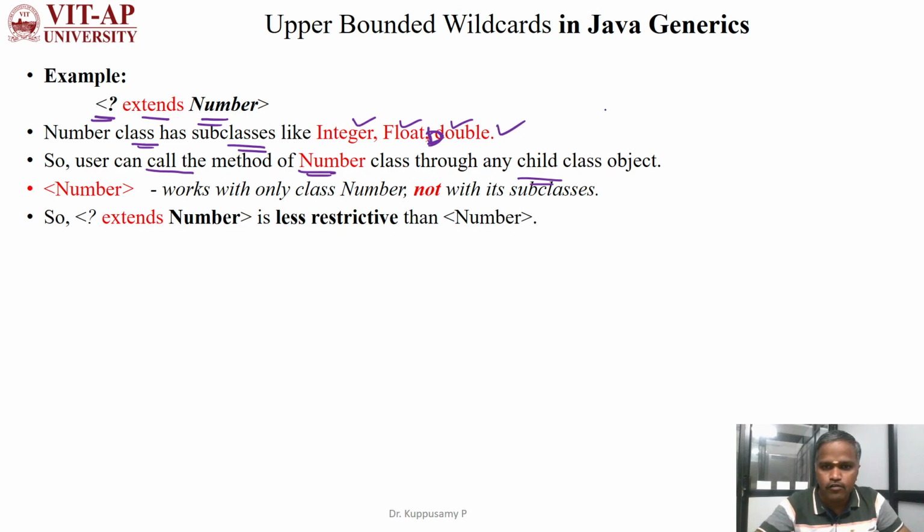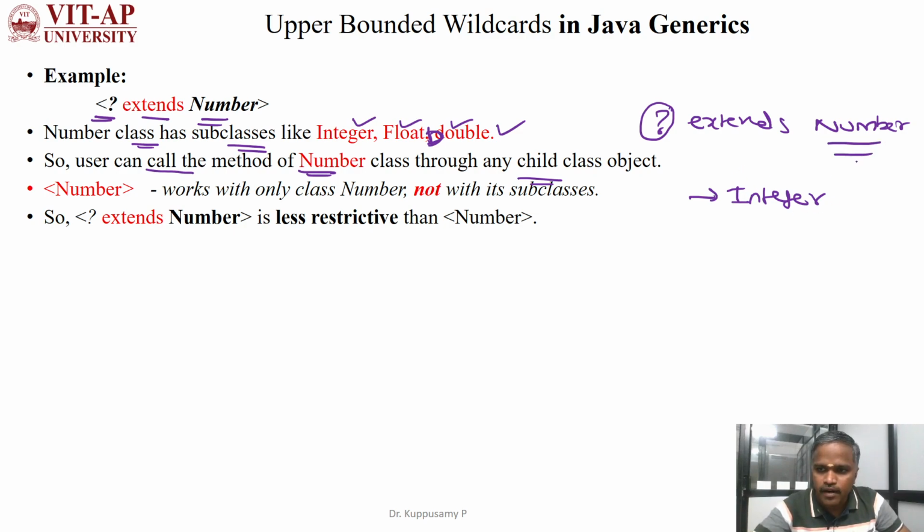That means when we are using the question symbol extends Number, and we pass integer values, then automatically this acts as an Integer class. So it will use the methods of the Number class and also the methods of the Integer class. Both can be used in this program by using this type parameter. To this type parameter we are passing integer values.